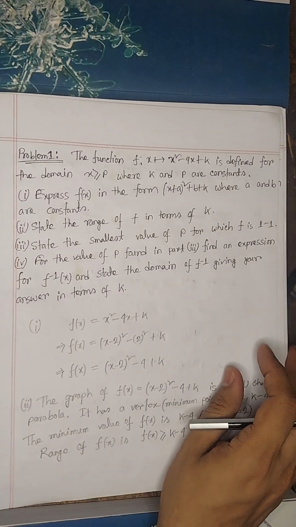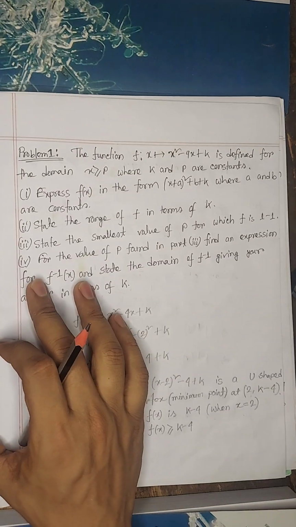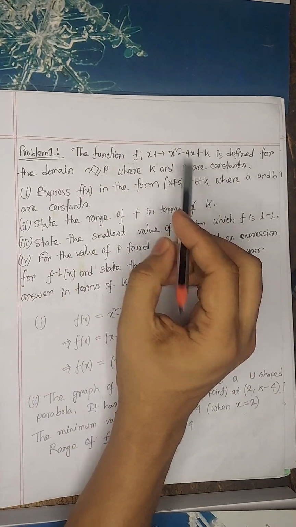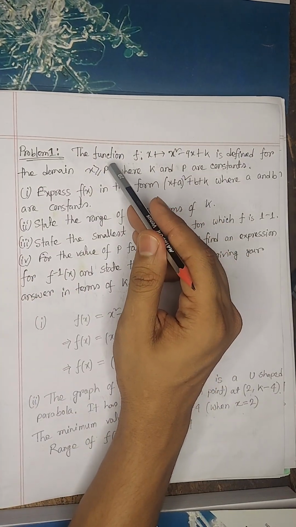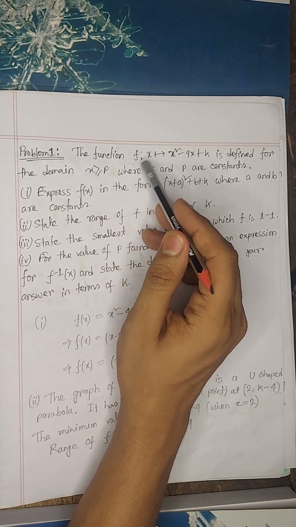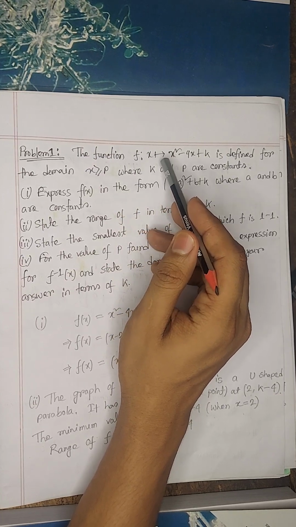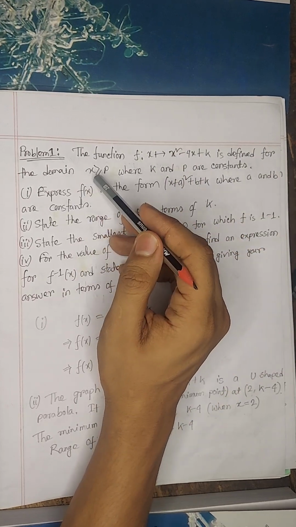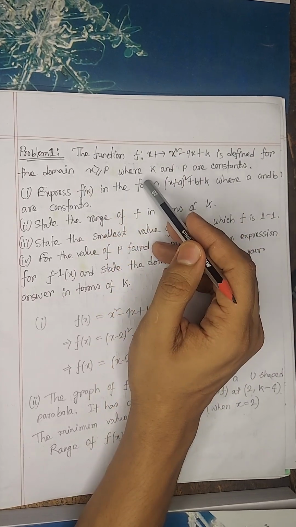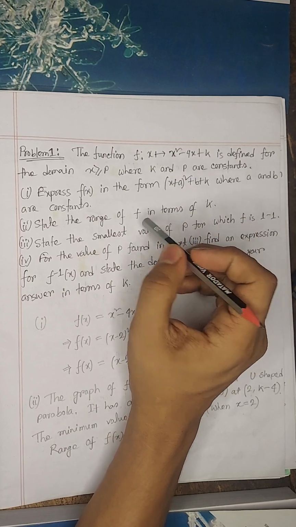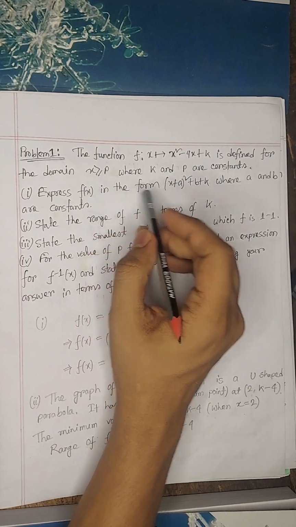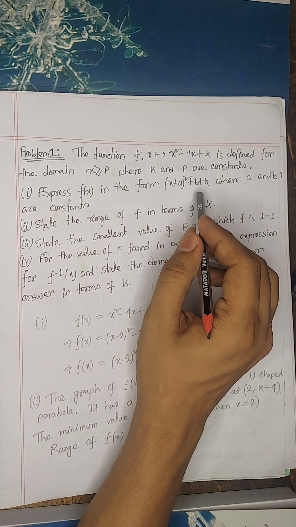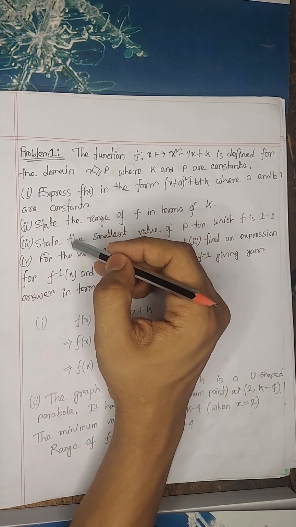Now problem 1. Viewers, see problem 1. Here we are given the function f maps x to x square minus 4x plus k, defined for the domain x greater than or equal to p, where k and p are constants. We have to express f of x in the form (x plus a) whole square plus b plus k, where a and b are constants.